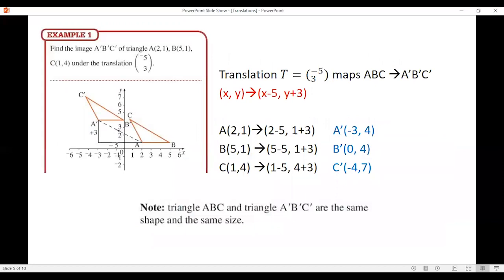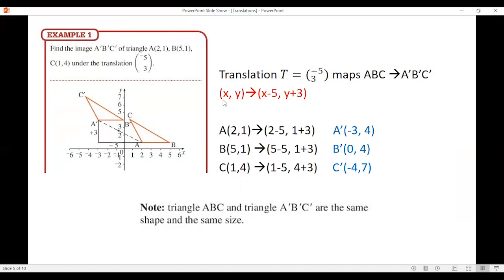Let's see an example. Translation T with coordinates minus 5 and 3 maps the triangle ABC into triangle A prime, B prime, C prime. Here we have triangle ABC and triangle A prime, B prime, C prime. Pre-image and image.